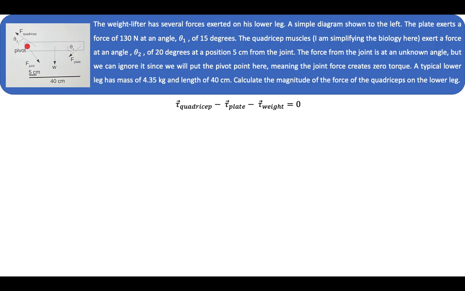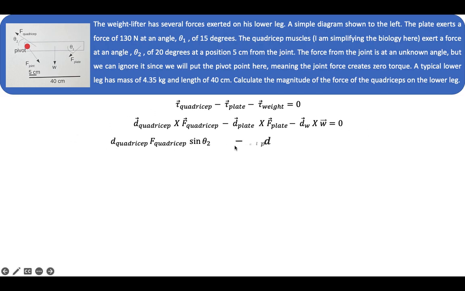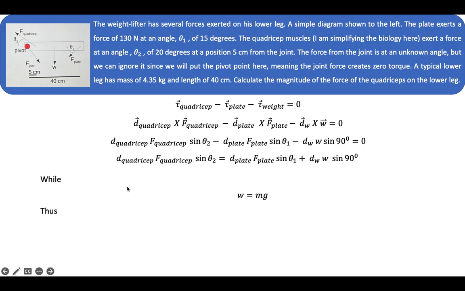We know that torque is a cross product between the distance vector and the force vector. So we get this equation, then we get this. Operate the equation to find the force of the quadricep on the lower leg, while we know that weight equals mass times gravitational acceleration.